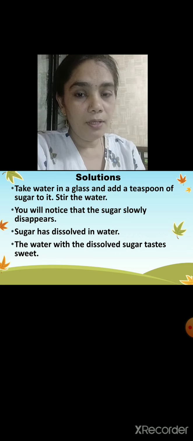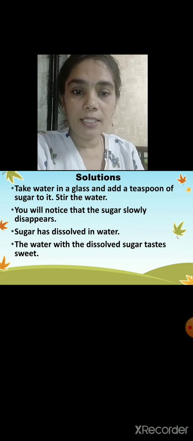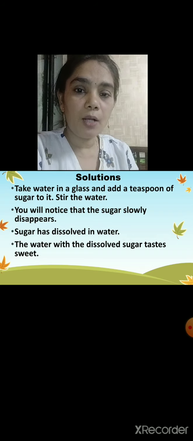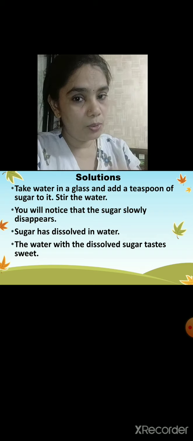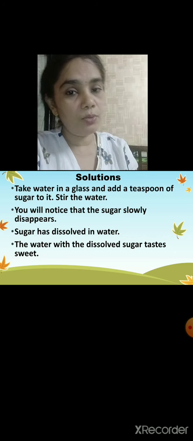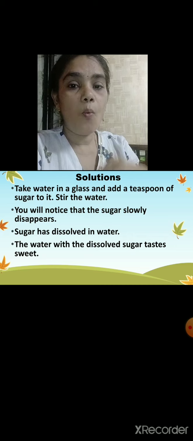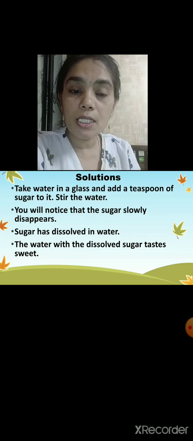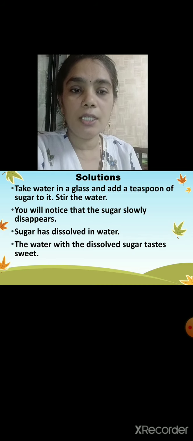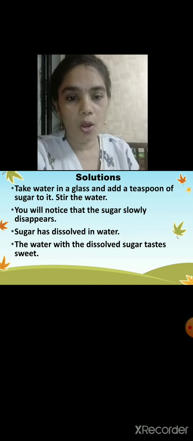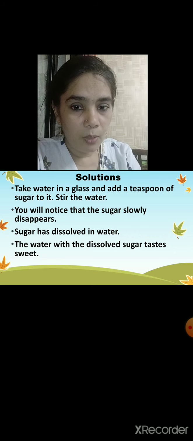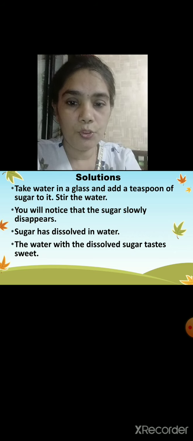And whatever you add, it becomes that solution. Solute means the substance which we are going to add, that is sugar, salt, etc. The substance which we add in the water is called the solute. And the water that dissolves the solute is called the solvent. Now children, we learned about the sugar solution.